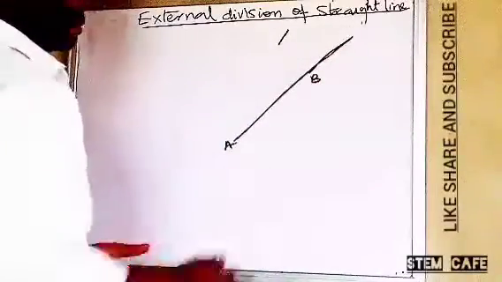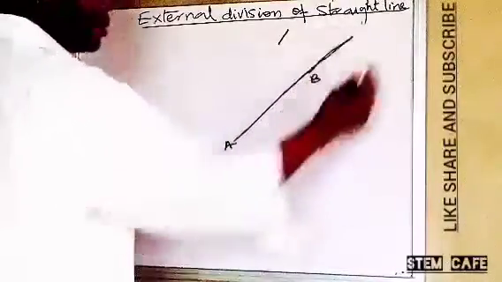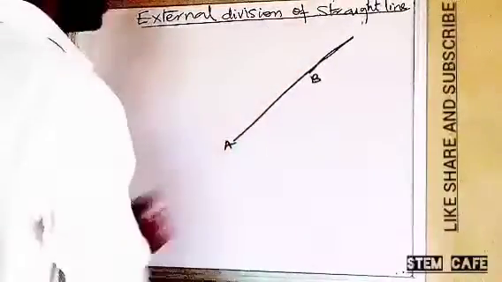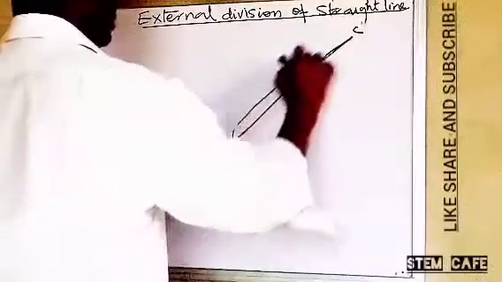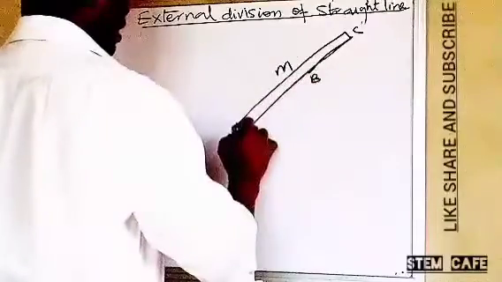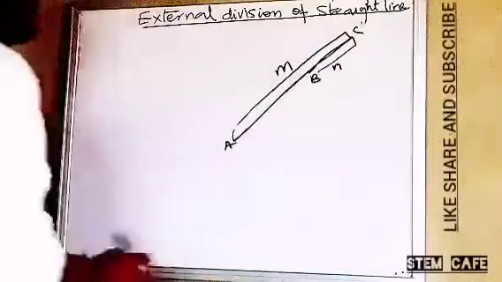If it were to be internal division, the point will be in between A and B. But now it will be beyond A or beyond B. Now we have point C, where we have AC to BC or CB in the ratio m to n.